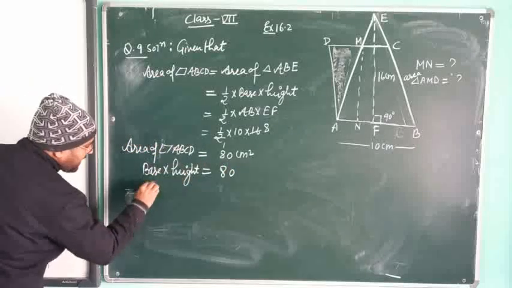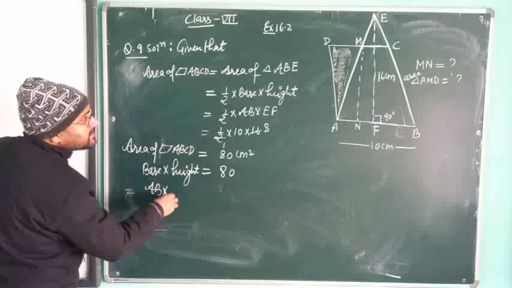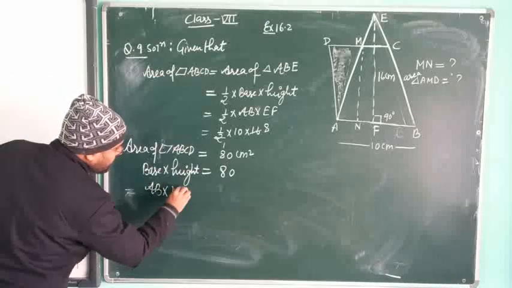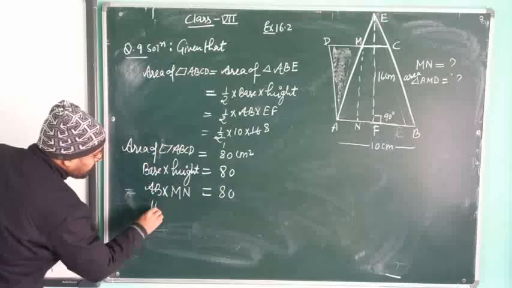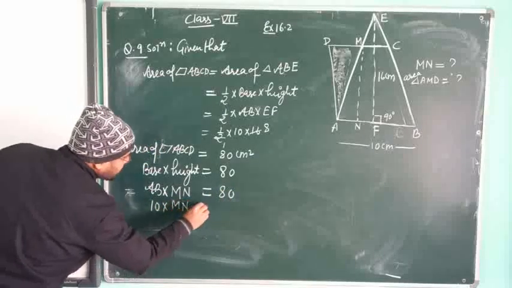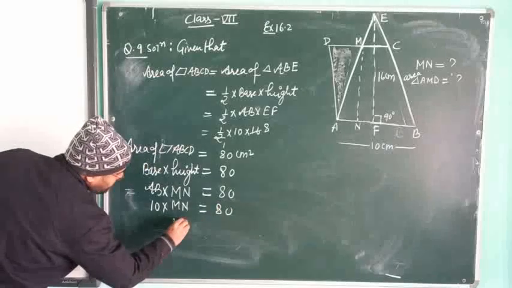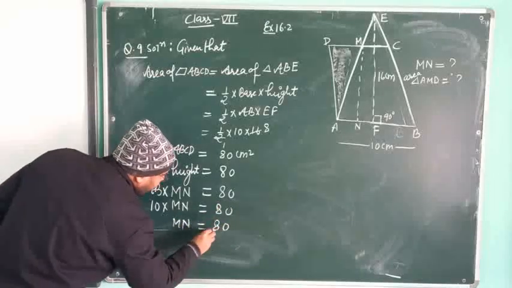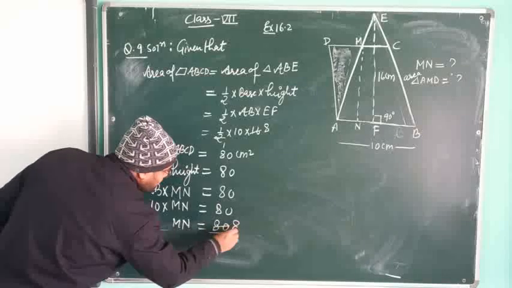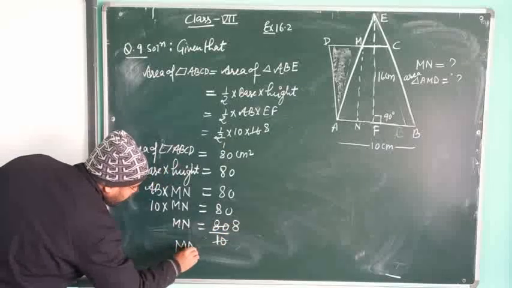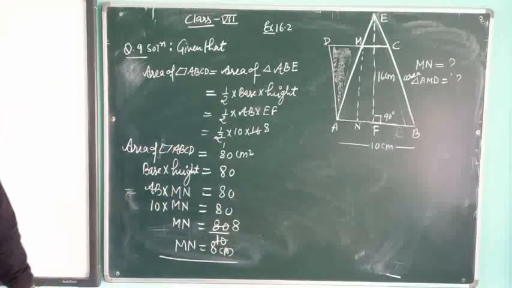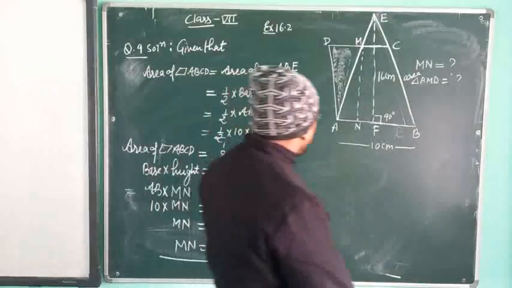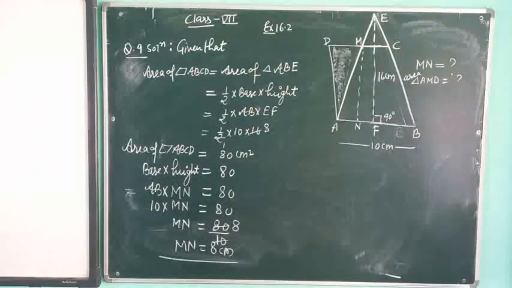Base is similarly AB and its height is MN, equal to 80. Base is 10 and MN we are going to find out. MN is equal to 80 upon 10. What do we get? MN is equal to 8 centimeter. This is the altitude drawn on the base AB of parallelogram ABCD. Clear?